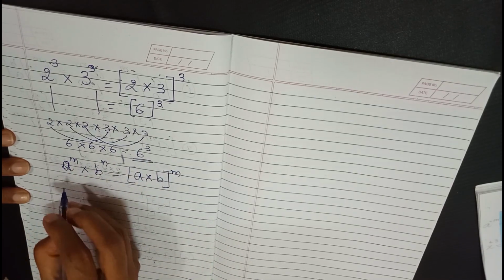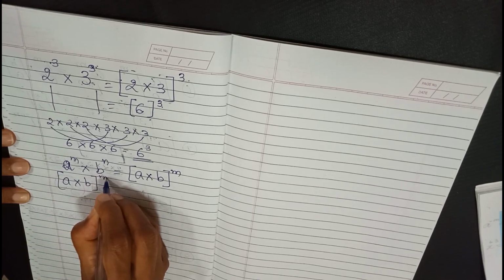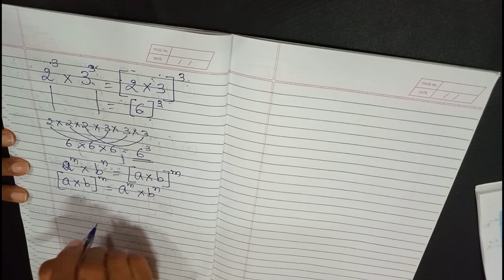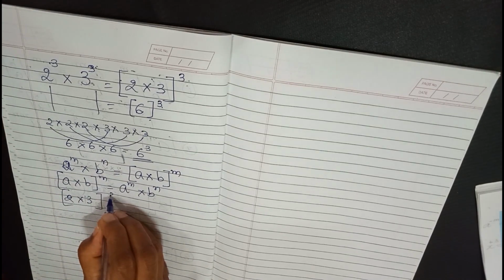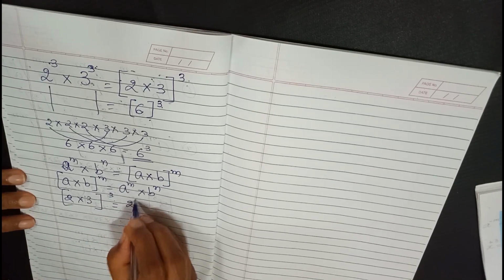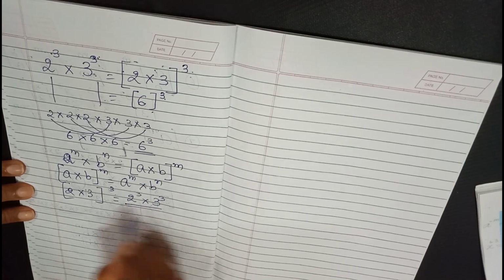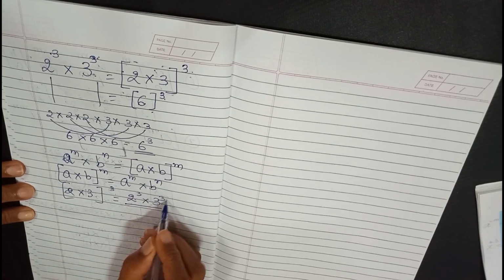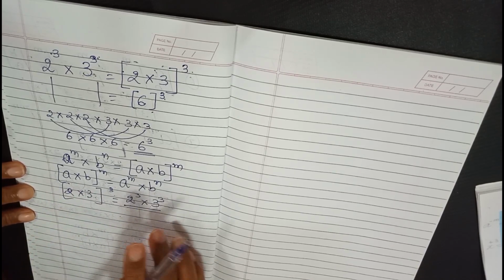Let us see the other way round also: a into b raised to m is equal to a raised to m into b raised to m. So let us say 2 into 3 raised to 3 will be equal to 2 raised to 3 into 3 raised to 3. We have just split the bases and the power is common to both. So either way, both the formulas can be used.